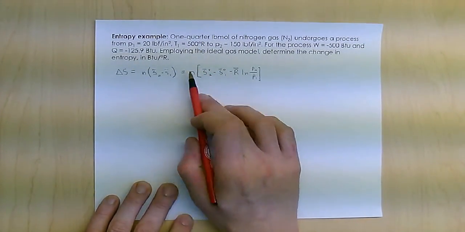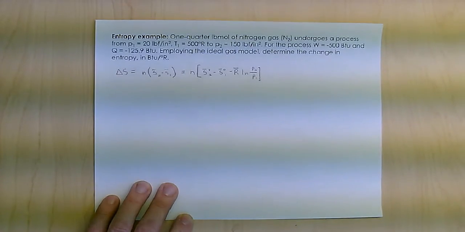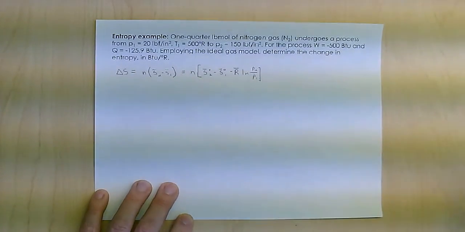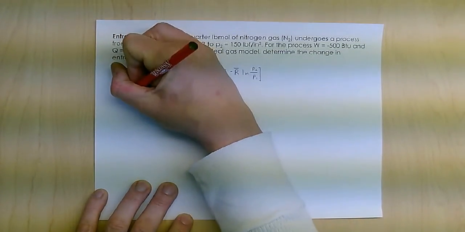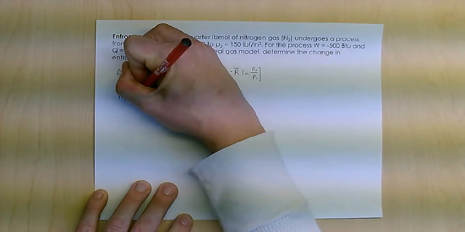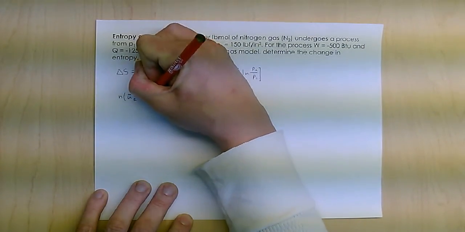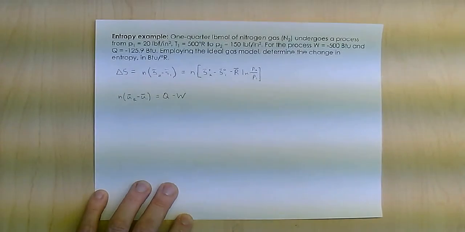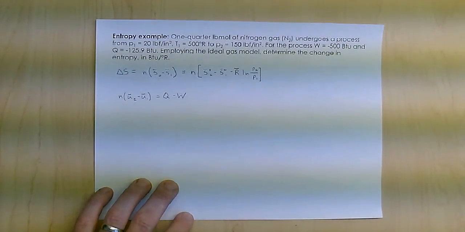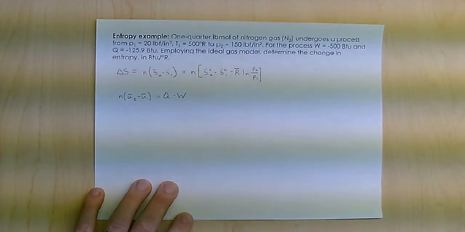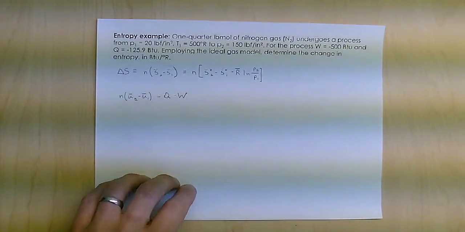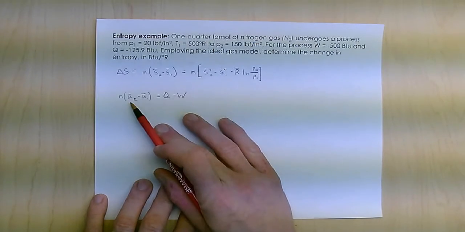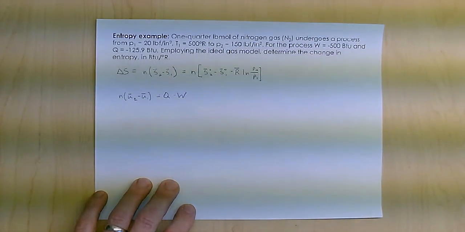What I need to do is figure out what the temperature at state 2 is so I can go look that one up. And the way I'm going to do that is using the first law equation, which is going to be N times U bar 2 minus U bar 1 equals Q minus W. I know Q, I know W. I'm going to be able to look up U1, and I can solve then for U2.